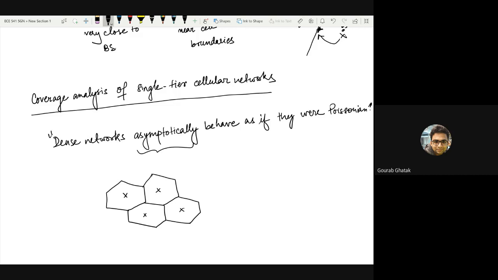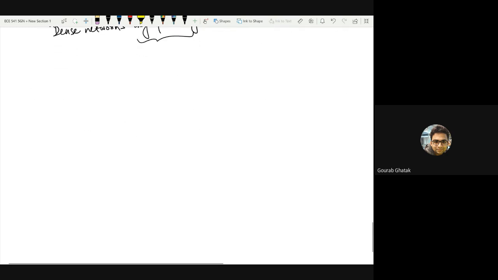Right, so if there is none, we move towards this coverage analysis, keeping in mind that we are using this Poisson point process not only because of its theoretical elegance, but also because it has practical relevance, as it's very close to our experiments. Okay, so what do we have with us?